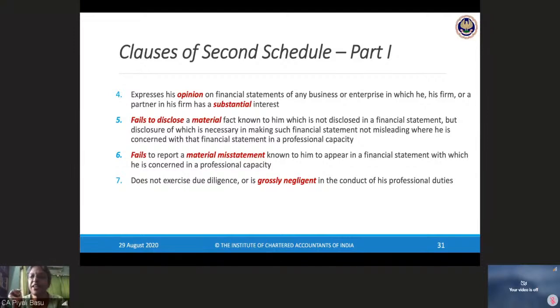Issue of certificate, some examples. Many times it happens that we issue a certificate on turnover, as I said, product wise. Suppose some client is asking for a certificate only for the turnover. Turnover of what? Turnover of products or services.